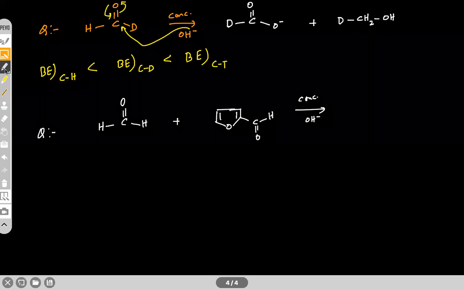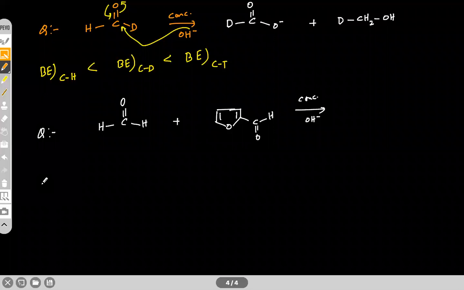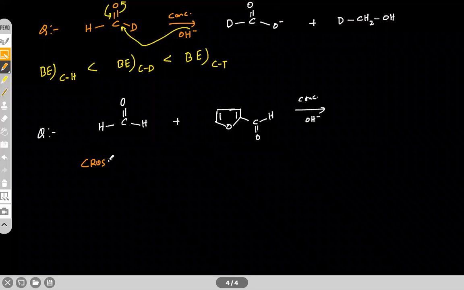So the name of this reaction is cross Cannizzaro. Exactly the same thing, like cross Claisen, cross aldol. In this one we are taking two different molecules. So it is first of all a cross Cannizzaro reaction.